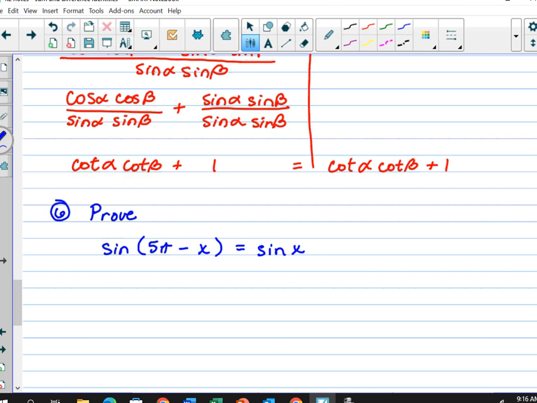But technically, you could graph it. The period would be normal, but you'd be reflecting over the y-axis and then shifting by 5 pi. You could do that, for fun at home, if you're like, I'm going to graph them and see if they match.